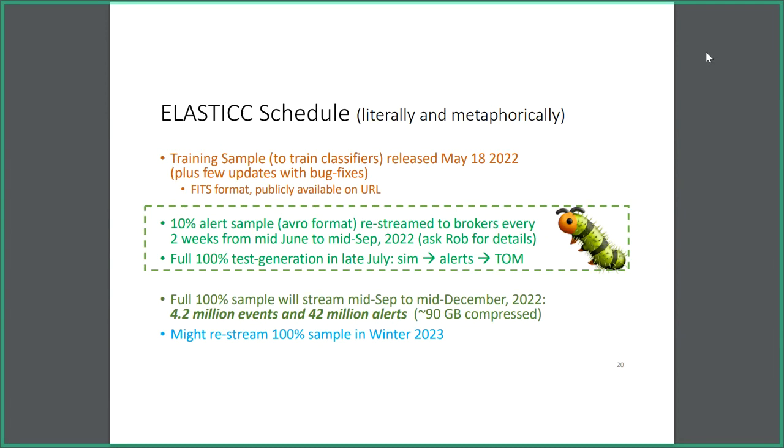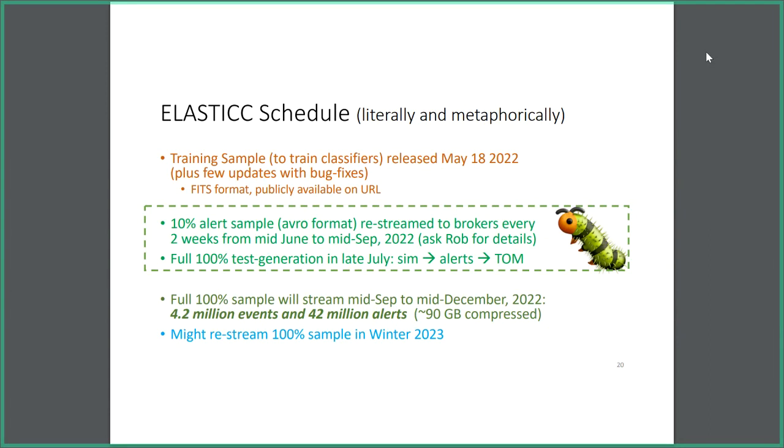It's not to grease the wheels of the brokers. For the brokers, we have a 10% alert sample. It's an Avro format, and it's being restreamed to the brokers every 2 weeks, starting from mid-June, and will continue through mid-September. And Rob can give you more details about that.